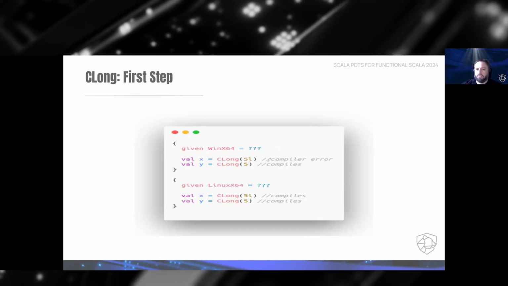It gives a compiler error for x, but it will accept an int for input. Inside of the second scope, where we've set into the context Linux x64, both of these lines compile because Linux CLong is understood to be long on Linux. So since we have specific information about the platform in these two scopes, we're able to do work with the apply method.